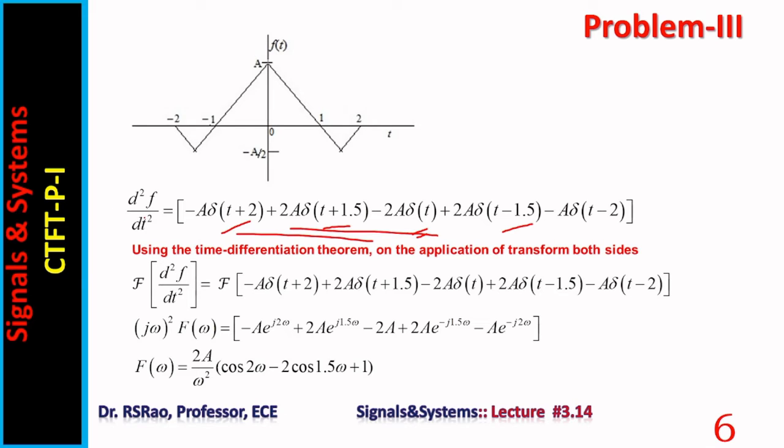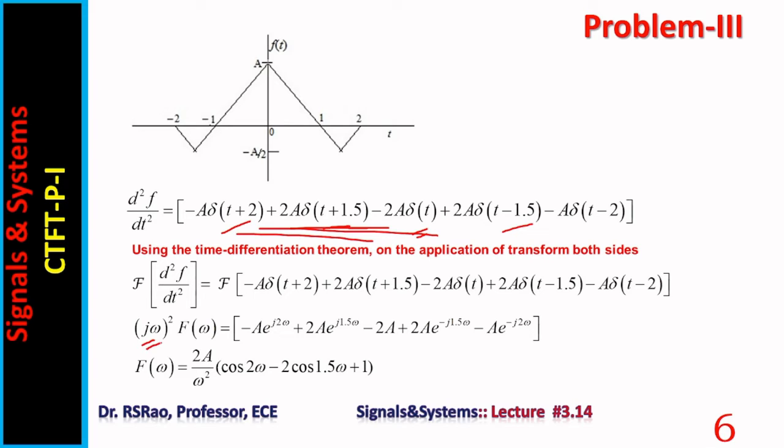Now apply the continuous time Fourier transform on both sides. Fourier transform of d square f by dt square is (j omega) whole square F of omega. Fourier transform of these 5 impulses gives us minus a e power j 2 omega plus 2a e power j 1.5 omega minus 2a plus 2a e power minus j 1.5 omega minus a e power minus j 2 omega.